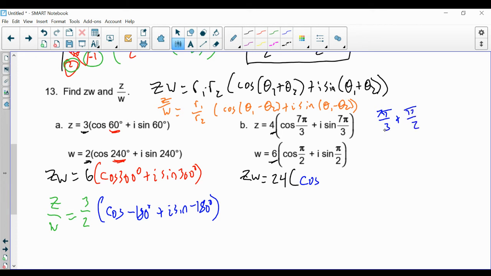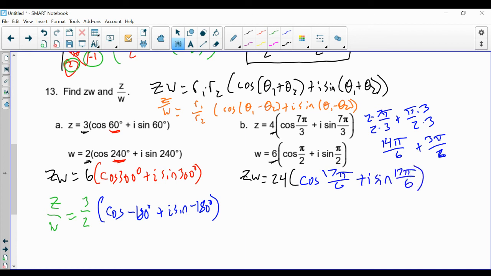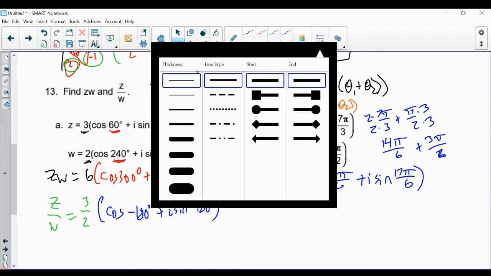We need a common denominator, so I'm going to multiply by 2 to both things and multiply this by 3 to both things. So 14 pi over 6 plus 3 pi over 6, so I would get 17 pi over 6. And there we go.